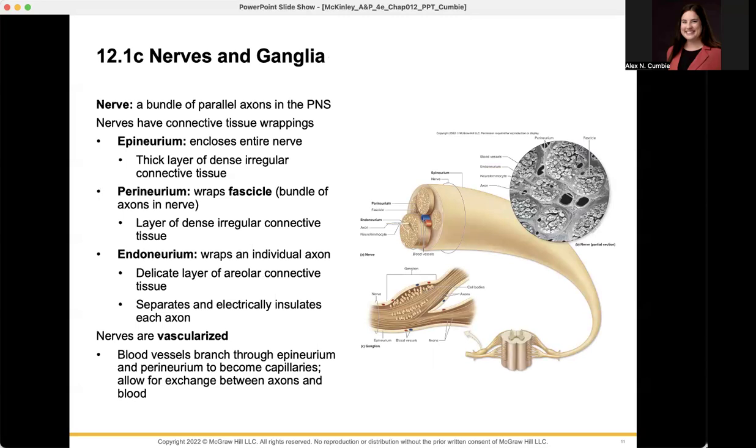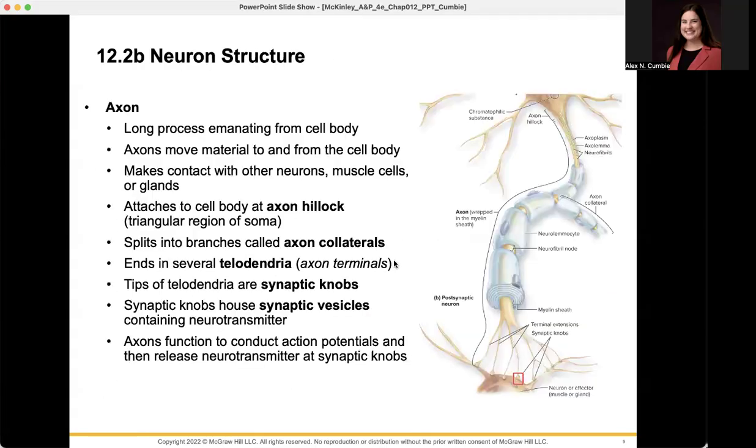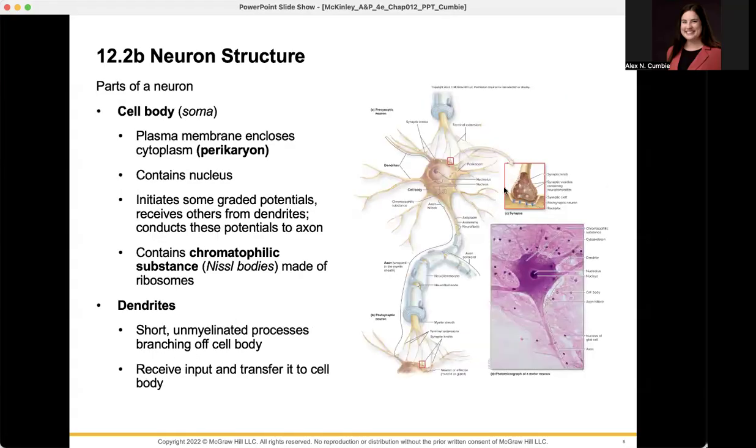Looking at a nerve itself, okay, this might look very similar to when we were looking at the muscle cells. A nerve is essentially a bundle of axons. Okay. If we go back real quick to the structure of a neuron, say this is a motor neuron, we see the cell body and we see the axons.